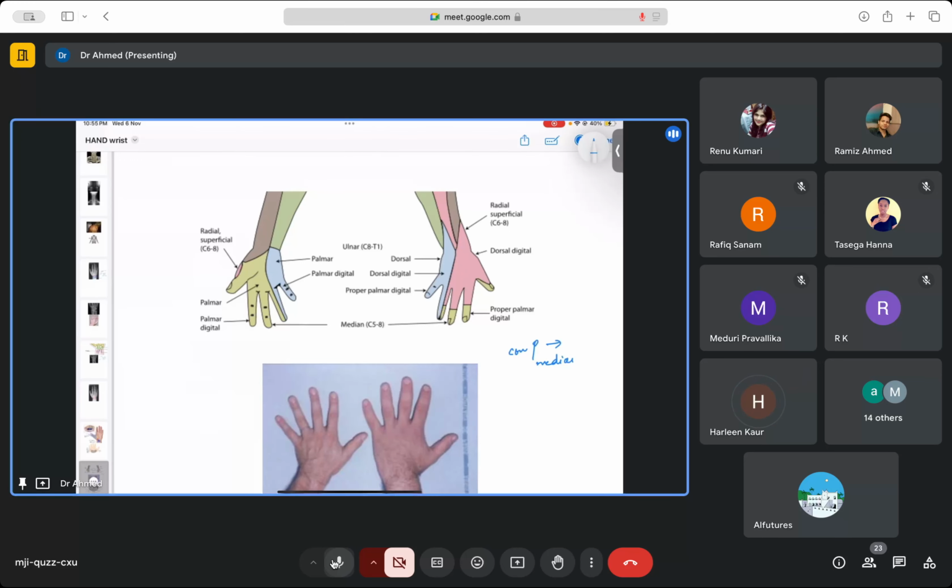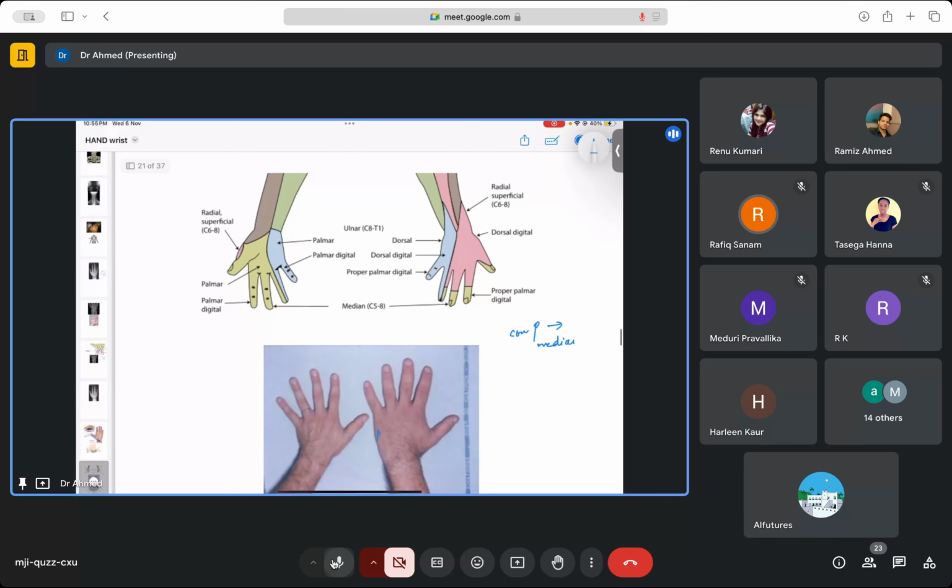So can you just tell me the conditions in which carpal tunnel syndrome normally happens? Okay, if someone has acromegaly, big hands, you have a band of fibrous tissue present on the surface that is basically known as the flexor retinaculum, right? If you have big hands in case of acromegaly, it can again compress the carpal tunnel.